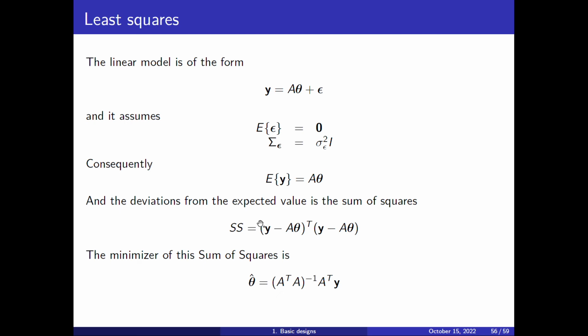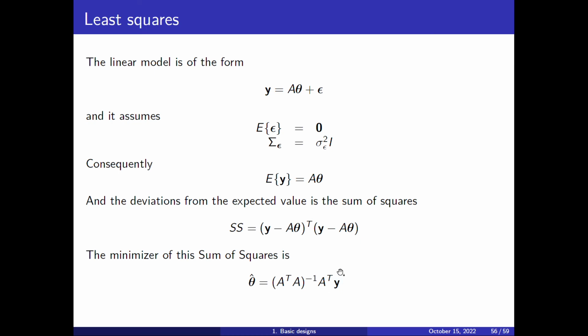And the sum of squares we can compute as this thing here. So it is our observation minus A theta, transpose, this is a vector, and then this transpose times this one. So all this together is a scalar. And then the minimizer of this sum of squares is the best theta that minimizes this sum of squares, and it is this one.